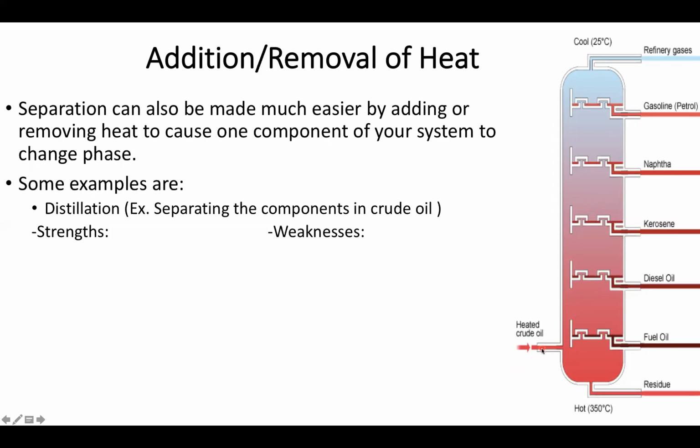I don't need to add in any other chemicals, which means I don't have to buy anything. But unfortunately, this requires a lot of energy. But in the current energy climate, this is still one of the cheapest separation techniques. So it accounts for the vast majority of real world separations. The only major weakness is that it's quite energy intensive.